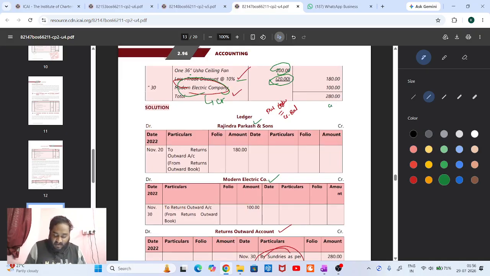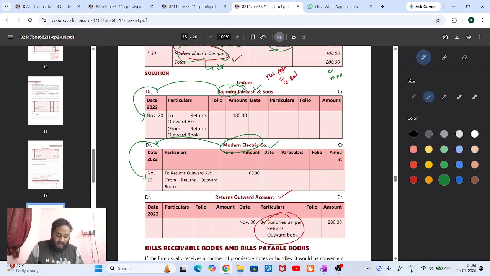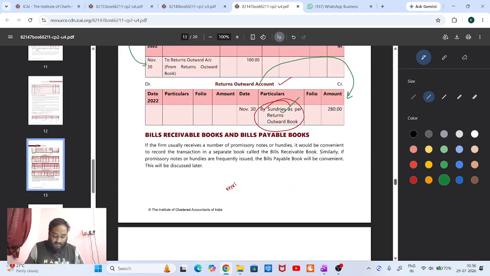Creditors account debit to purchase returns. Return outwards is just a reverse entry to the sundry creditors.